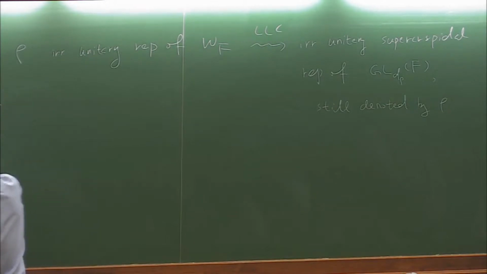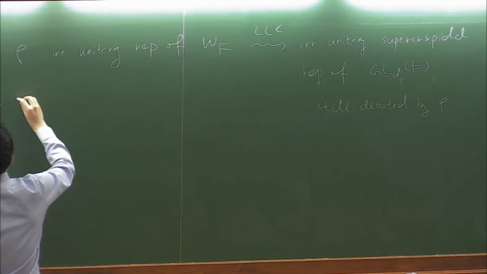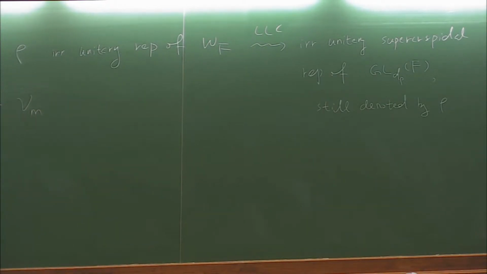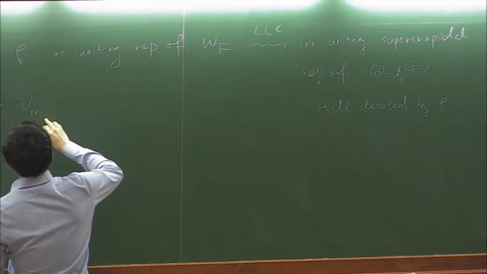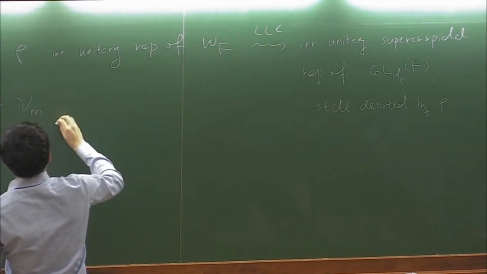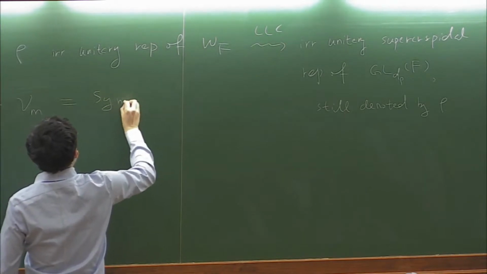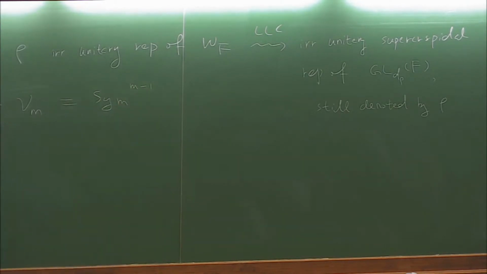And then for nu_A, nu_B, these A, B are integers. In general, this nu_m is the unique m-dimensional algebraic representation of SL2C, or concretely, this is the (m-1)-th symmetric power.